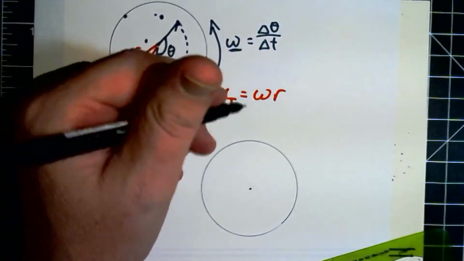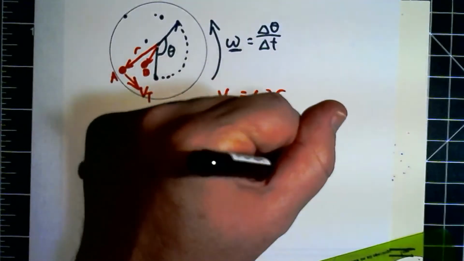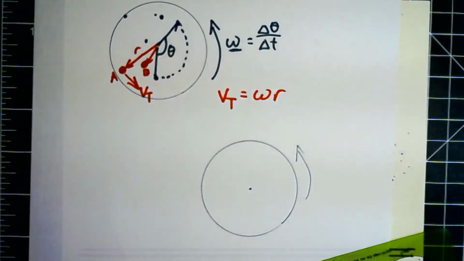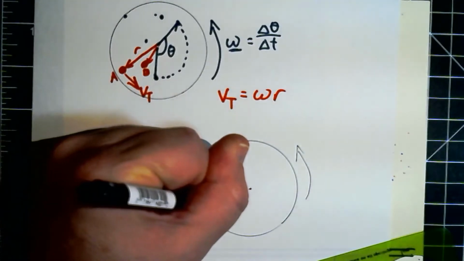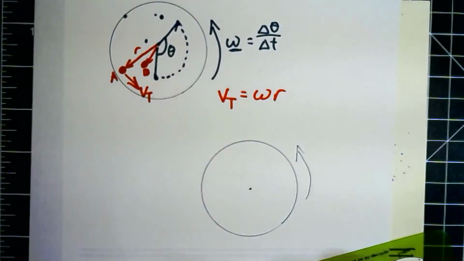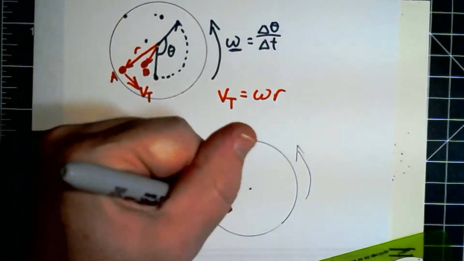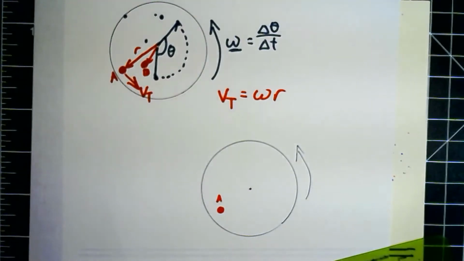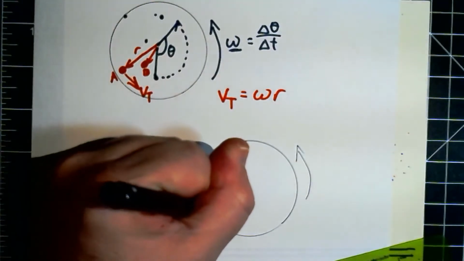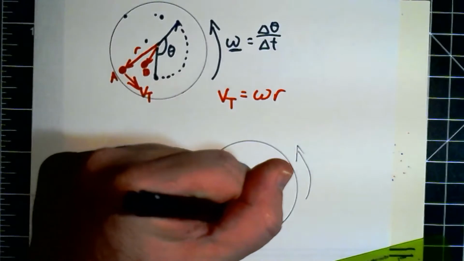So this thing's rotating counterclockwise, so this is the direction it's rotating. Ladybug A begins walking in a circular path around the circle in the same direction that it's traveling. So here's ladybug A right here, and it's going to start to walk in this same direction.